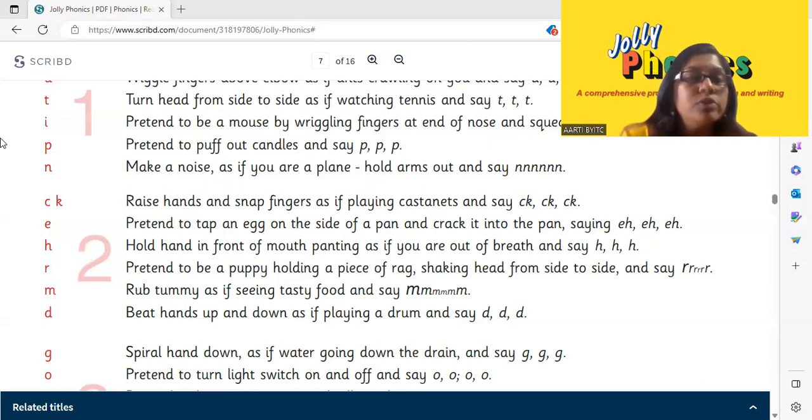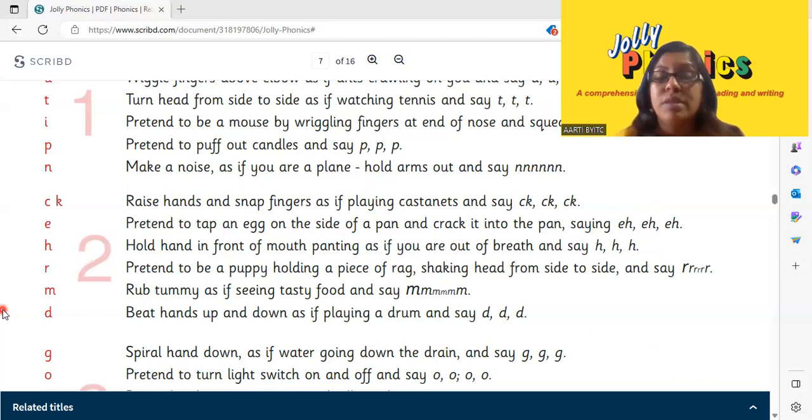Now let me move on to letter M. Rub tummy. Now you very well know tummy. Where is your tummy? Just rub your tummy, as if seeing tasty food. If I see tasty food in front of me, then I rub my tummy as if I'm feeling hungry, and I say, mmm, mmm.